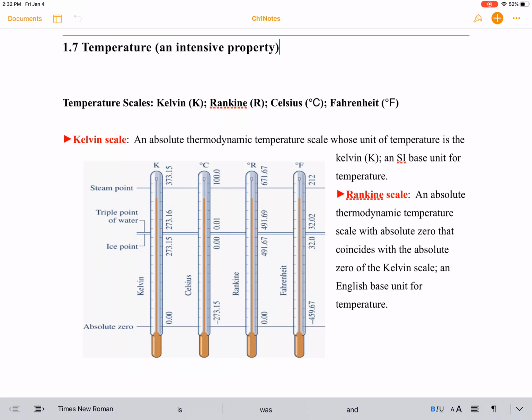Rankine is the absolute thermodynamic temperature scale with absolute zero that coincides with absolute zero of the Kelvin scale, and is the English base unit for temperature. So Kelvin and Rankine are the two absolute thermodynamic temperature scales.